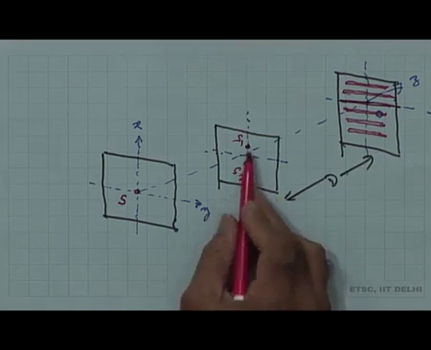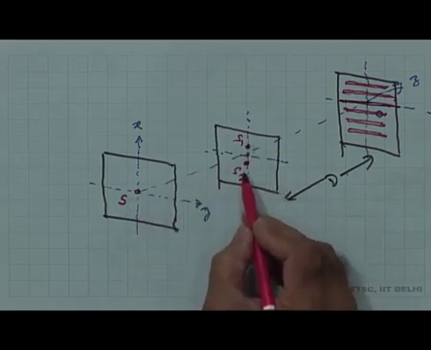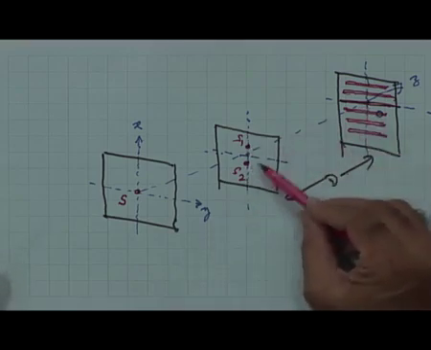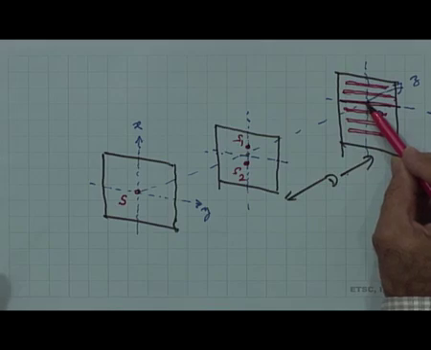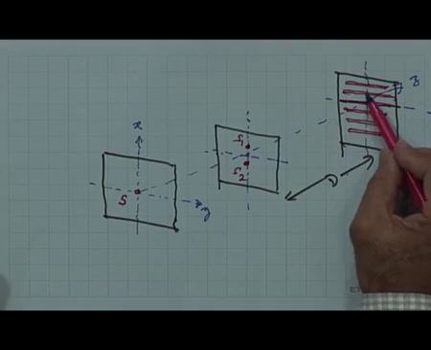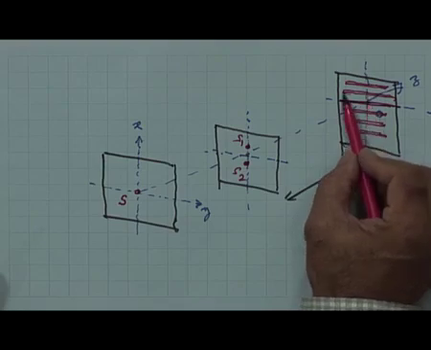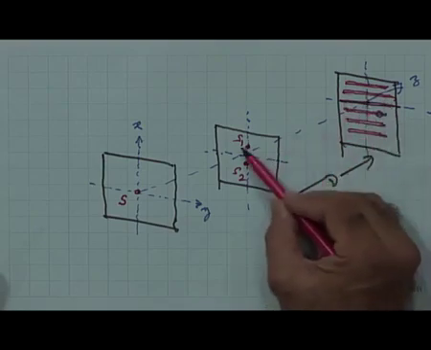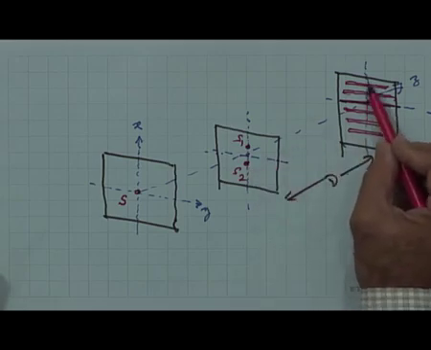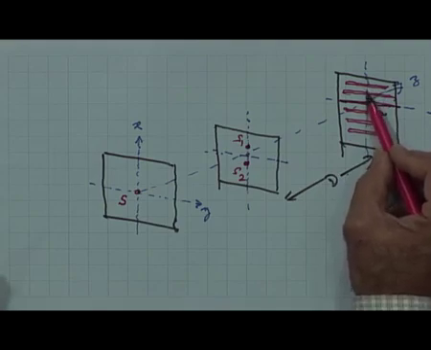If the two sources are placed symmetrically, this distance is the same as this distance, therefore S1 and S2 will be in phase, and S1O and S2O will also be identical. Therefore this is the central fringe, where the path difference is 0. The first fringe is formed when the path difference from S1 to that point and S2 to that point is lambda. When it becomes 2 lambda, we have the second bright fringe.